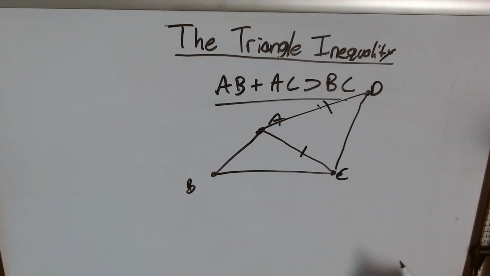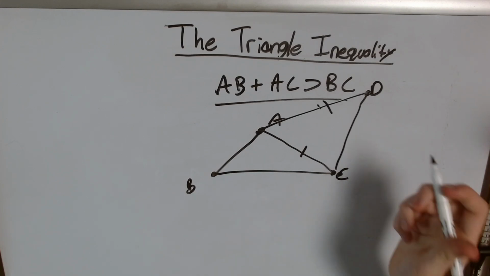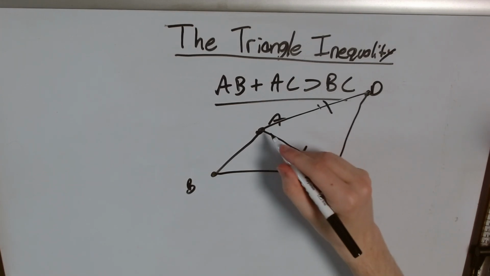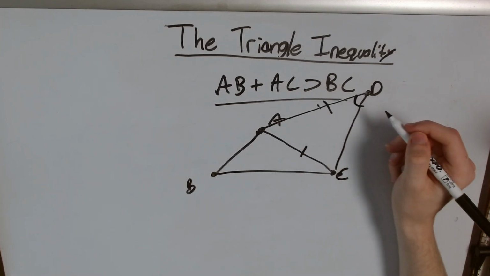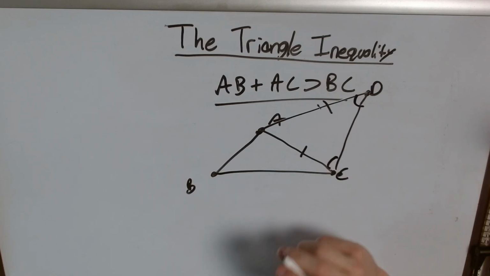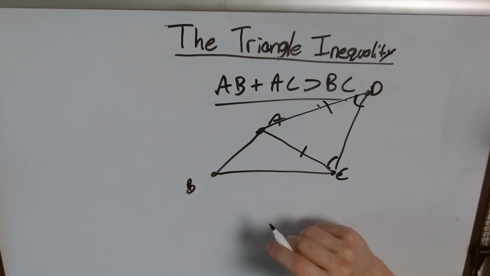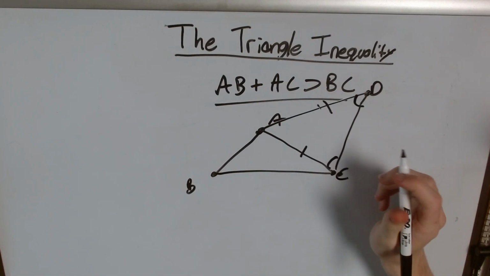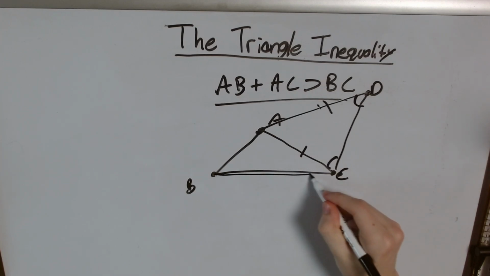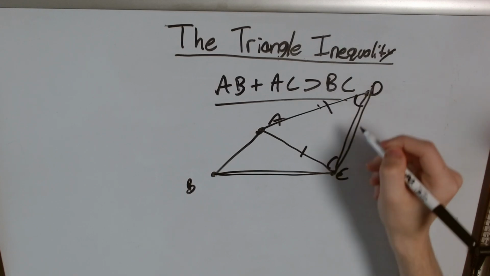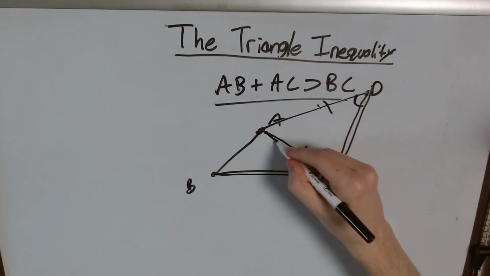Now, what does that mean? Well, here's what we know. Because these two triangles are isosceles, that means that these two angles are going to be the same. All right, that makes sense. Well, what does that mean here? Well, we know this angle here, angle BCD, is greater than ACD, right?